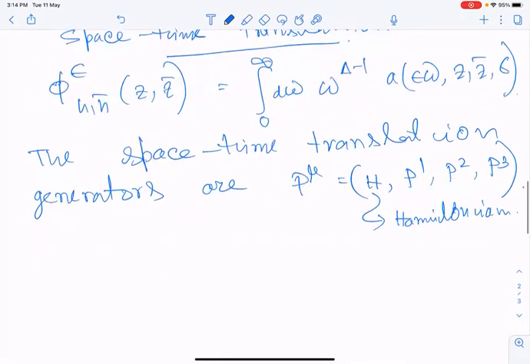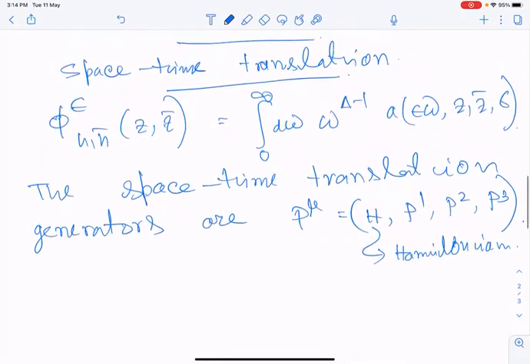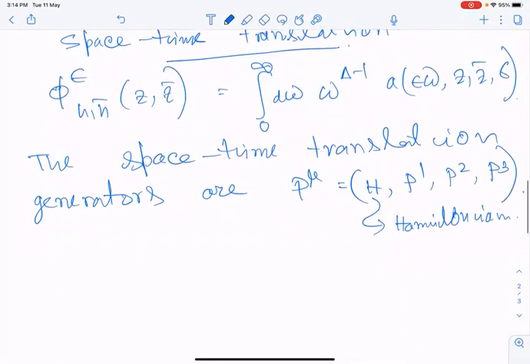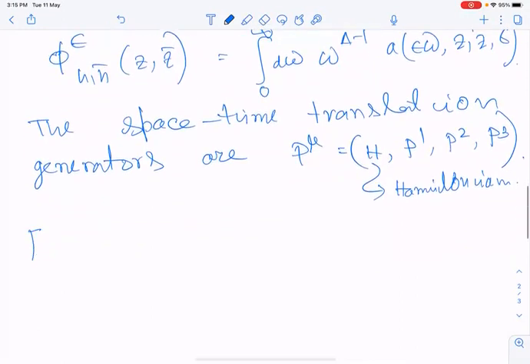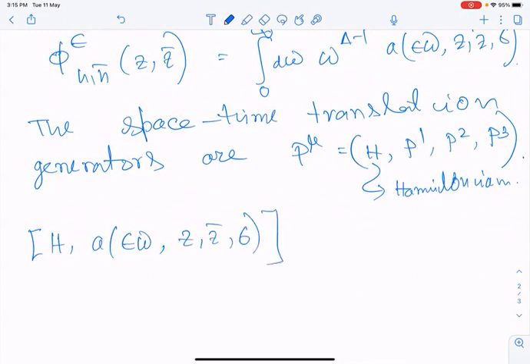Okay, and let us consider this H and its commutator. I want to see how the Hamiltonian, which is time translation, acts on phi. So let us just write down this commutator.